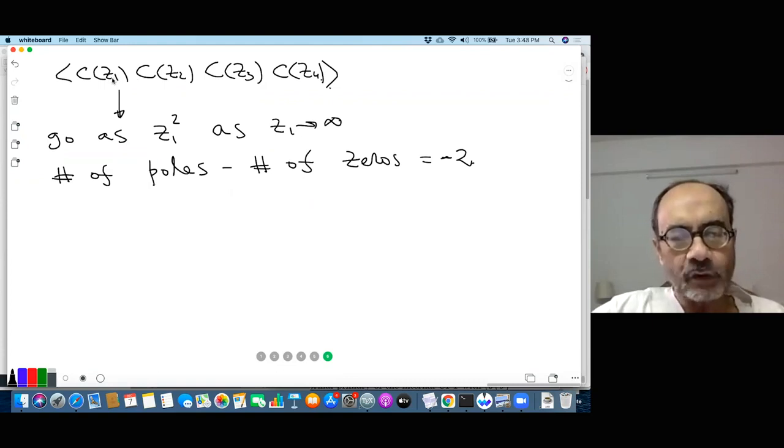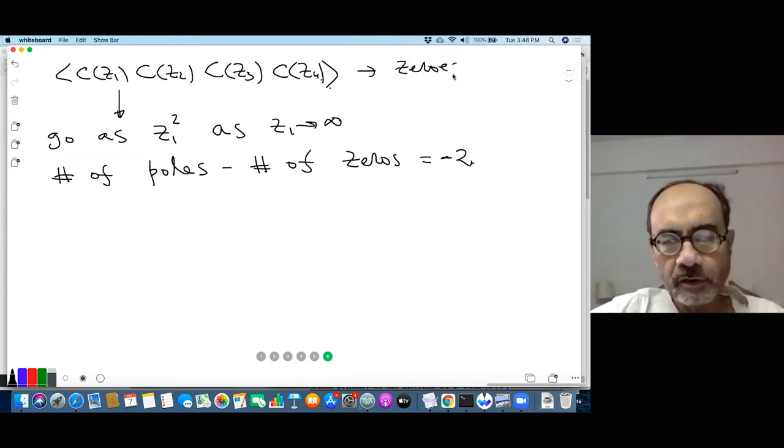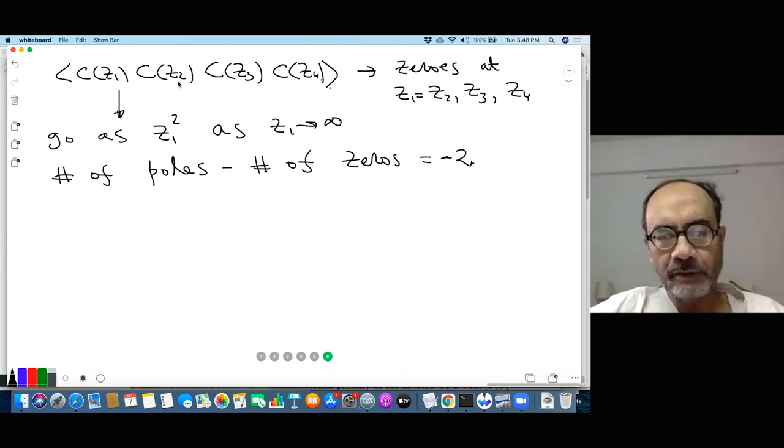And because it has no singularity, this must vanish at Z1 equal to Z2. So this has zeros at Z1 equal to Z2 or Z3 or Z4. I'm looking at it as a function of Z1.